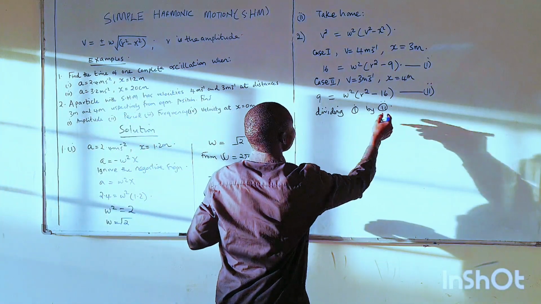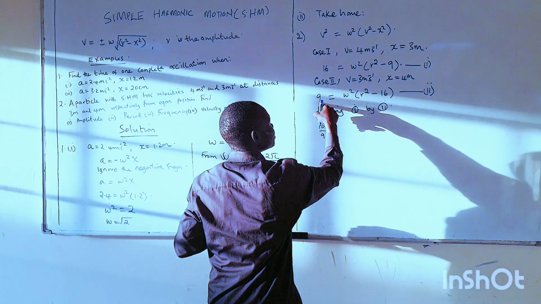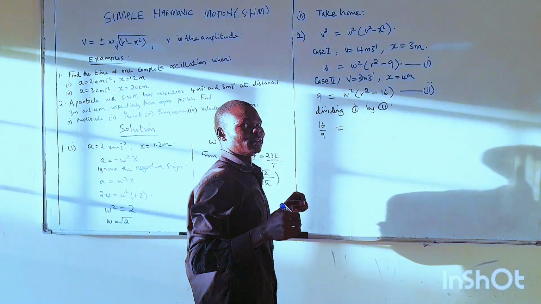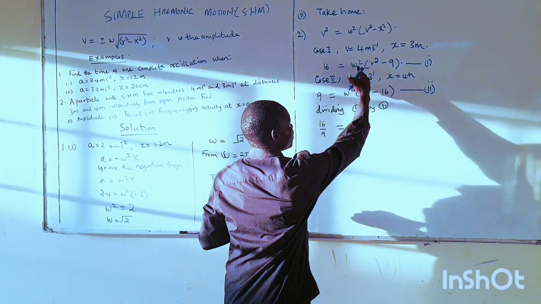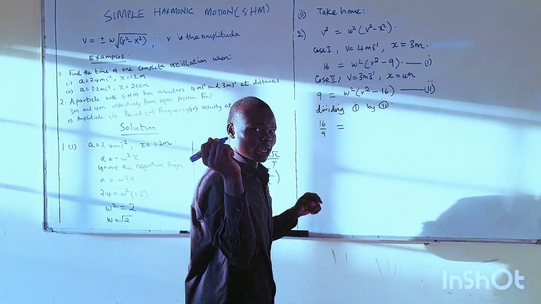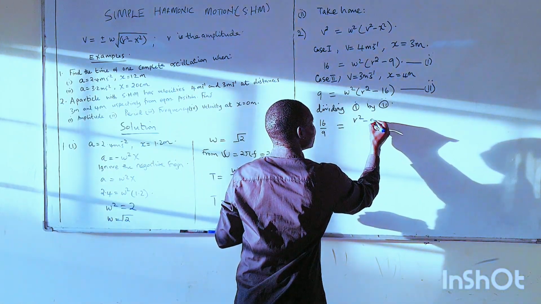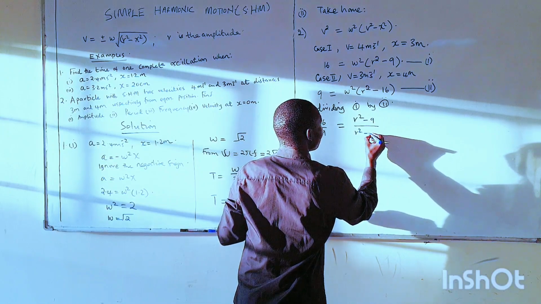So dividing 1 by 2, we shall have 16 over 9. Be very vigilant here. 16 over 9 is equal to, even if I don't write because they cancel out, so we shall have r squared minus 9 divided by r squared minus 16.